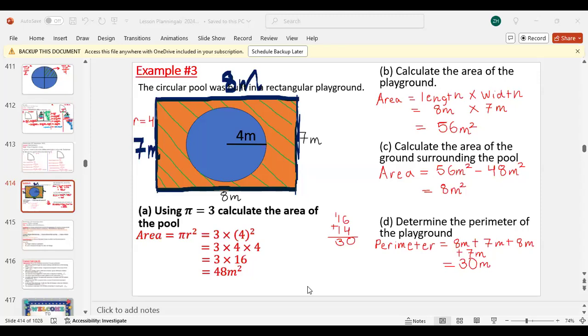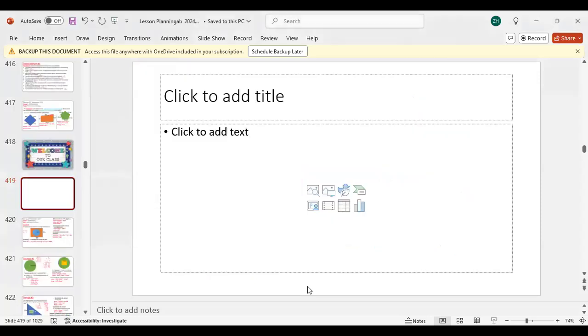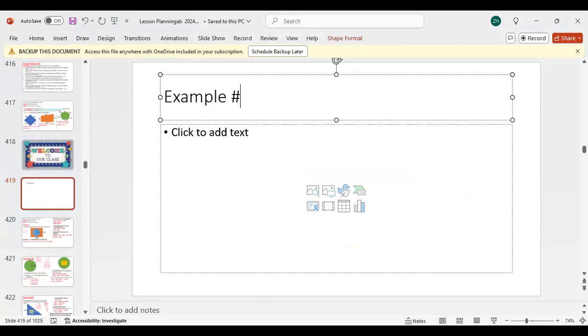So we're gonna do another question that's similar to this, and then we could do the quiz. All right, so let's go ahead and answer this. We're gonna call this one example number 4.